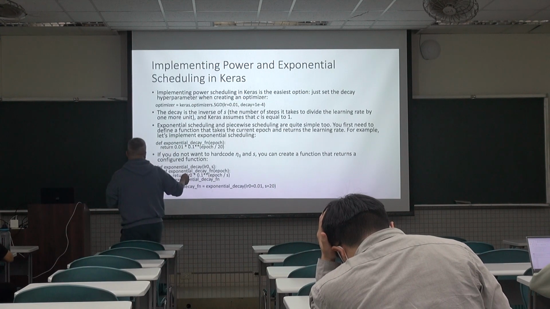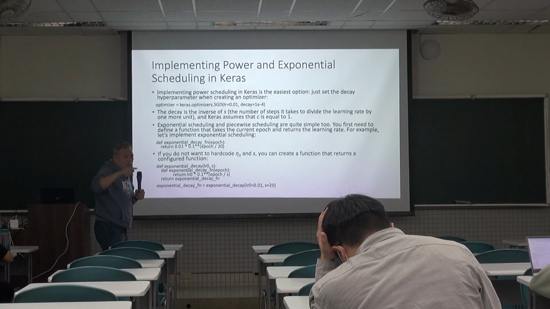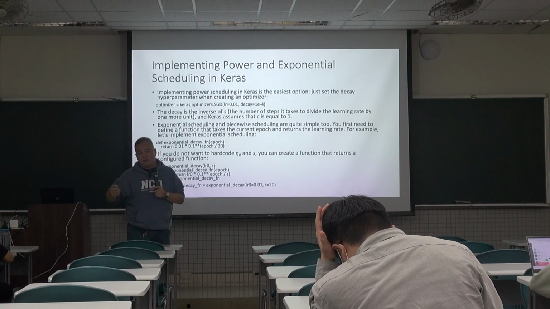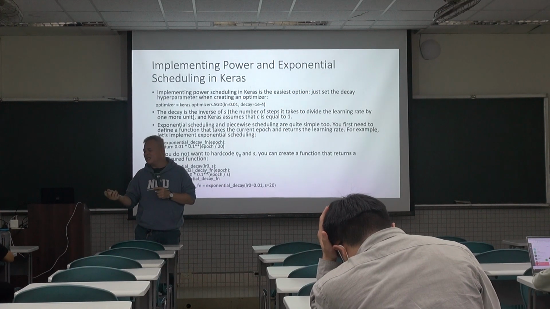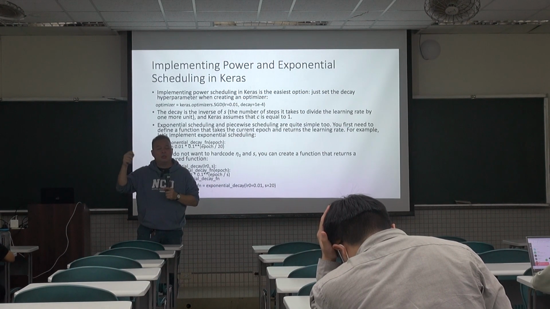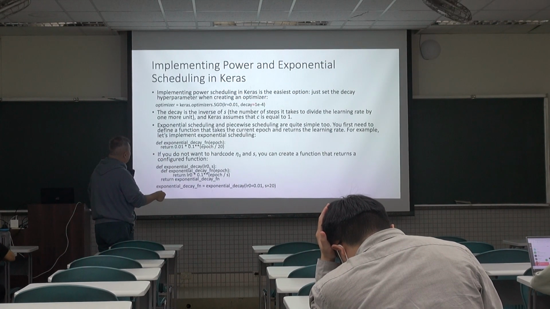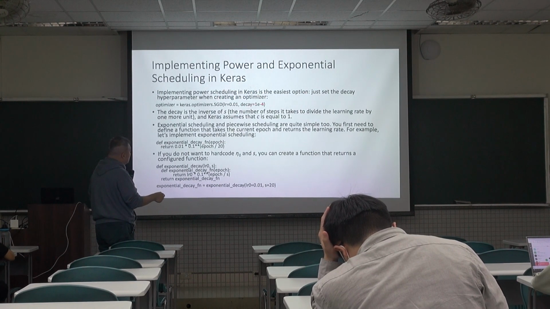If we set dk to be 10 to the power of -4, that means the s value is the inverse of this, which is 10,000, 10 to the power of 4. If you want to use a different s value, of course you can set dk to a different value.